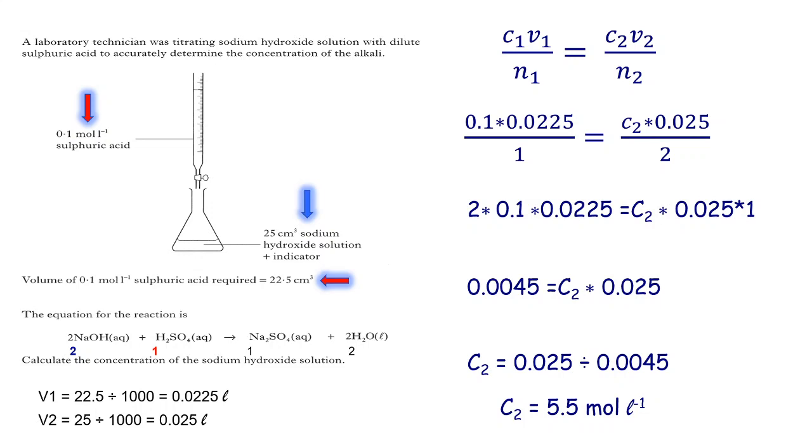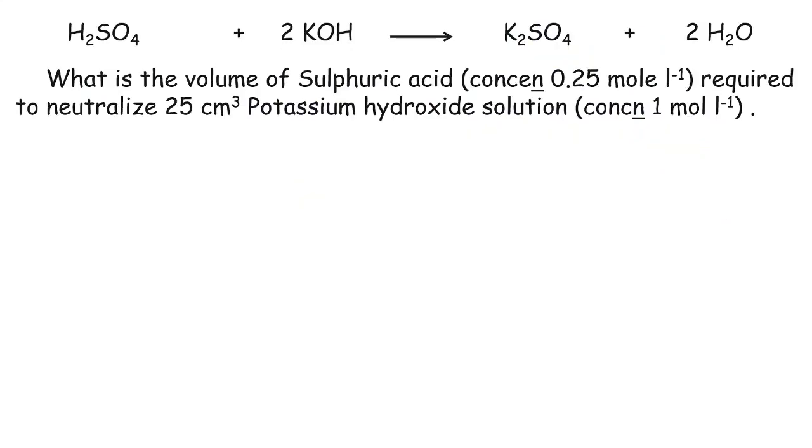The second question is again sulfuric acid with potassium hydroxide, and this time we are required to find the volume of the acid. So first of all, we identify the volume and concentration of the acid. The volume is unknown and the concentration is 0.25.